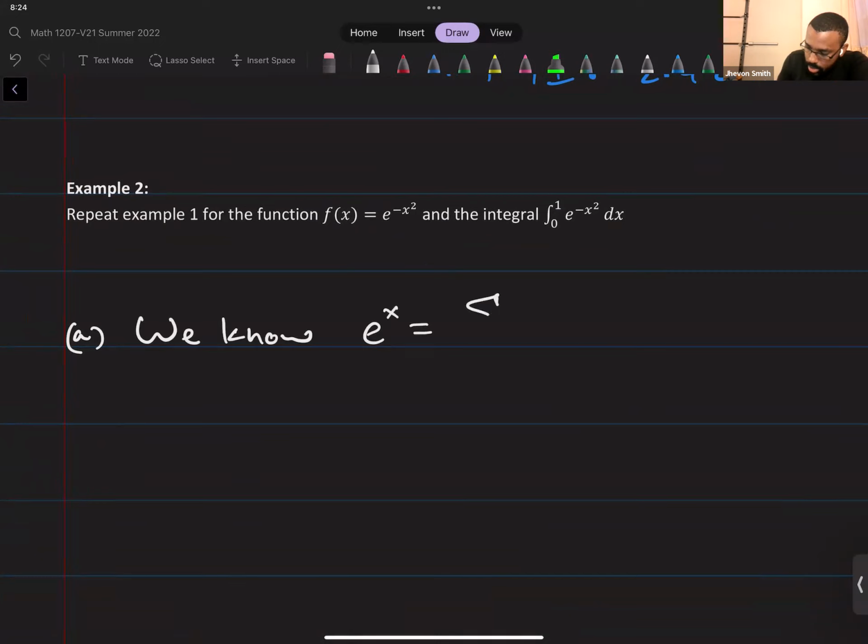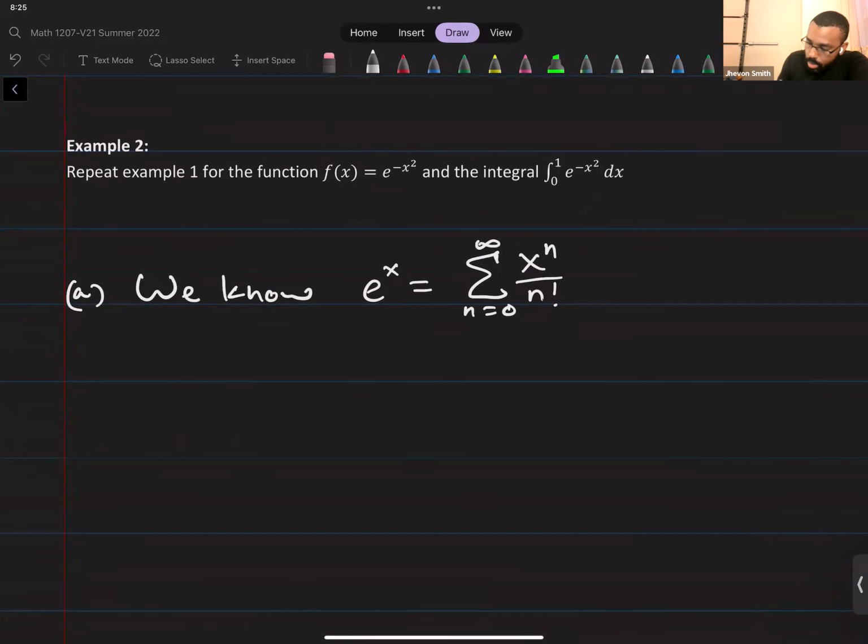e to the x is the sum n goes from 0 to infinity of x to the n over n factorial. And this means e to the minus x squared is just going to be the sum n goes from 0 to infinity of minus x squared to the n over n factorial.